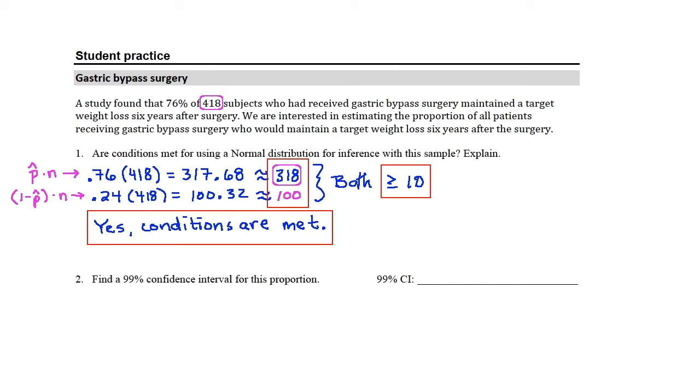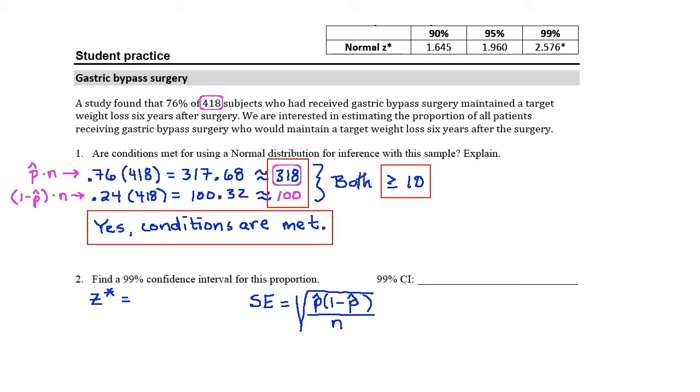Now we'll go ahead and find that 99% confidence interval. We are going to need a z star. We're going to need a standard error for which we have a formula. And once we have both of those calculated, we'll be able to calculate our margin of error by multiplying them together.